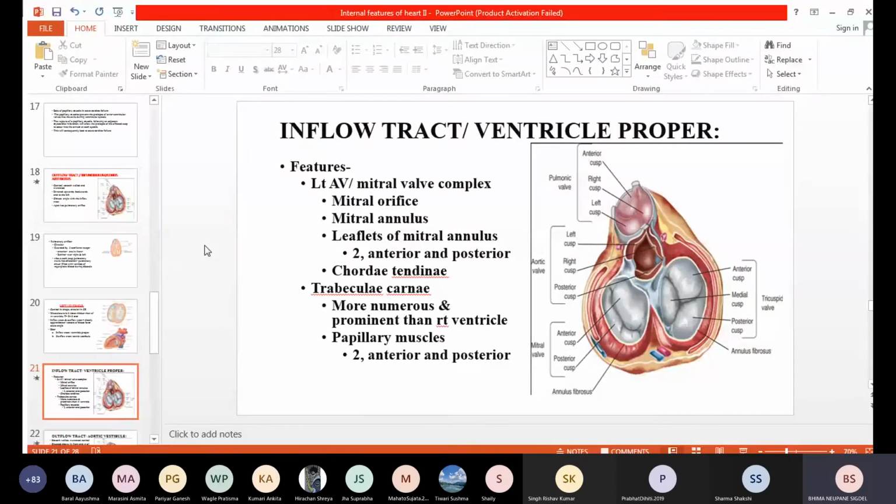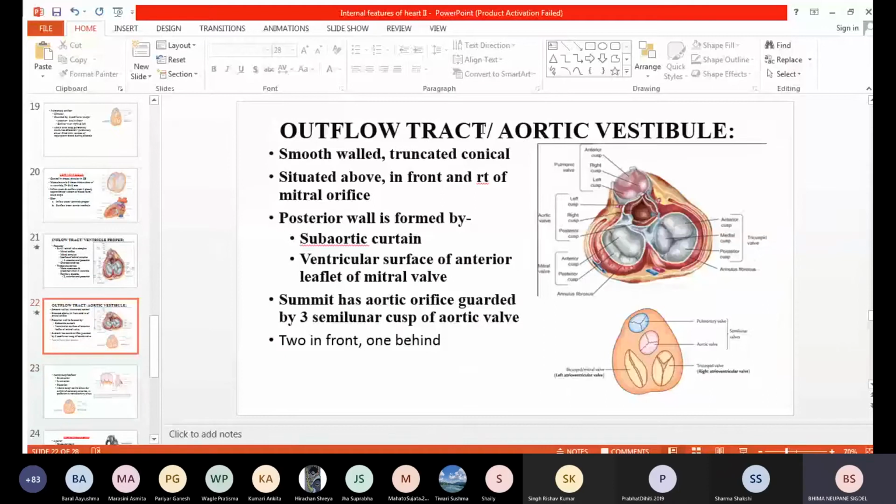Okay, so now moving towards the outflow tract, or the aorta. The outflow tract has a smooth wall and is again a truncated conical structure situated above, in front of, and to the right of the mitral orifice, that is the atrioventricular orifice.